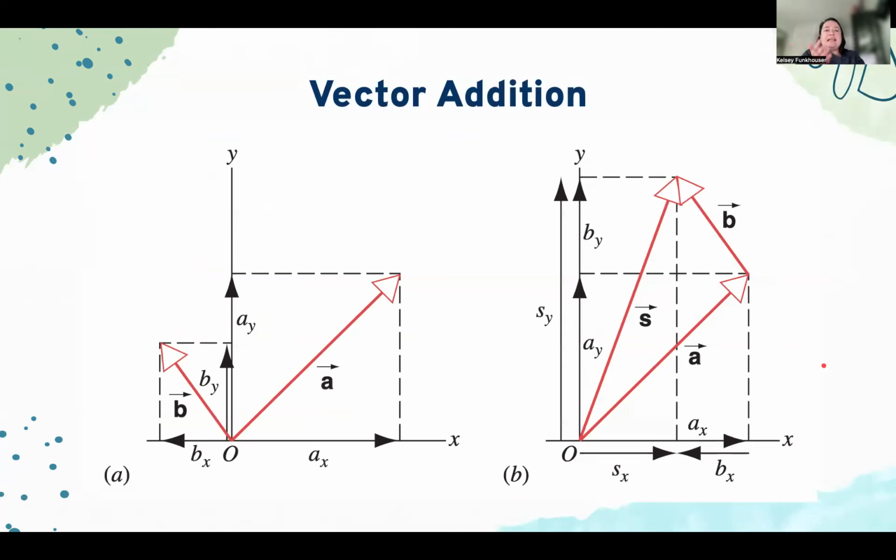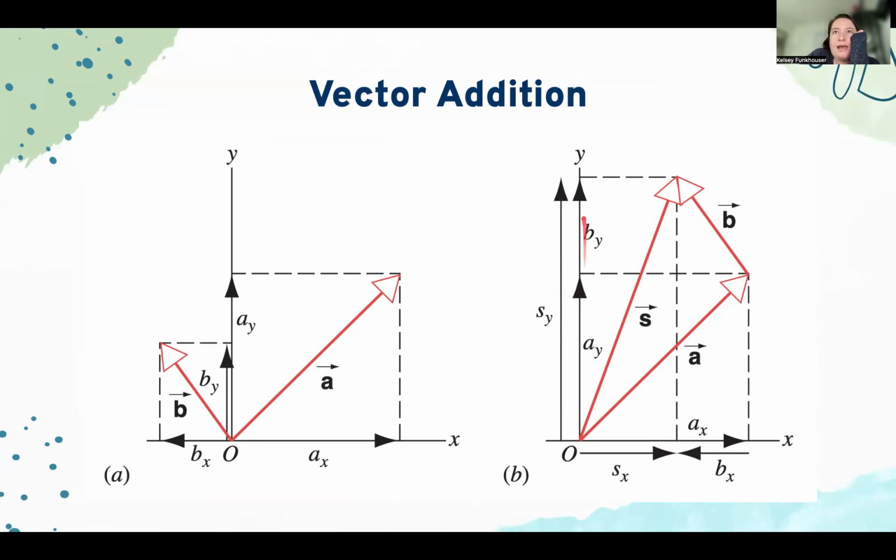And you can see this same method visually instead of just numerically, because we are showing, like, here's the x component of A and the y component of A, and then the x component of B and the y component of B. And you see how they combine to make the x and y components of S. So we'll start with y here.